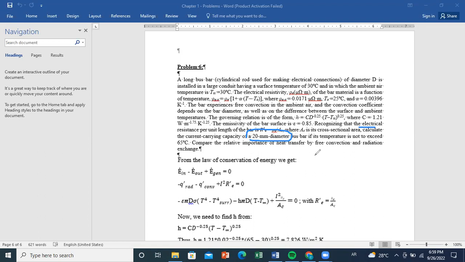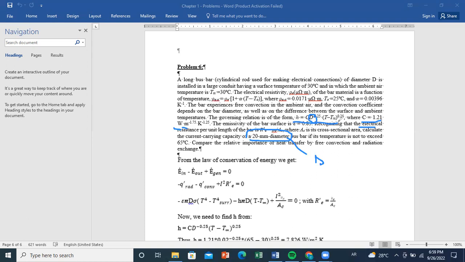So use D in meter, because as you can see here, when they gave you this empirical relation, the unit of C is watt per meter to the power minus 1.75 times Kelvin to the power minus 1.725. This means that D that is used in this formula should be expressed in meter.